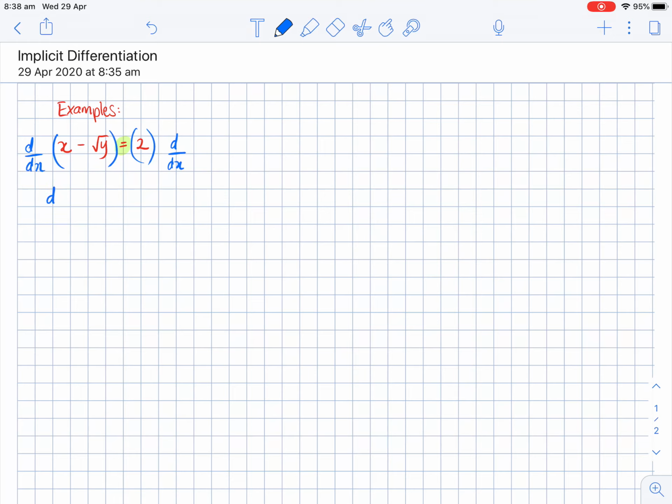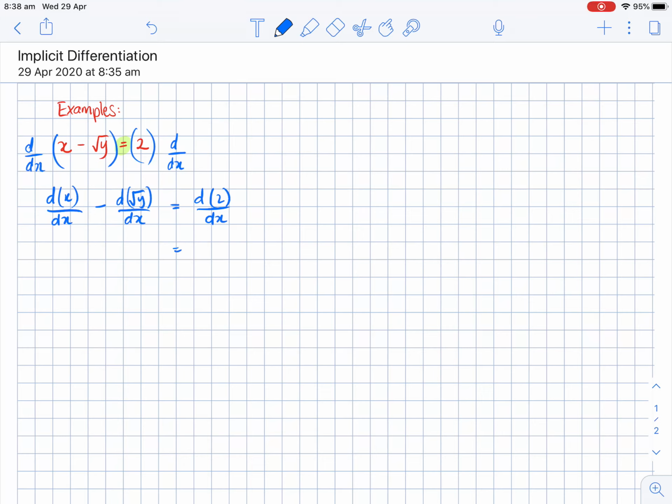What that looks like is this. So I'm going to differentiate the x in terms of x minus, I'm going to differentiate the square root of y with respect to x, and I'm going to differentiate the 2 with respect to x.